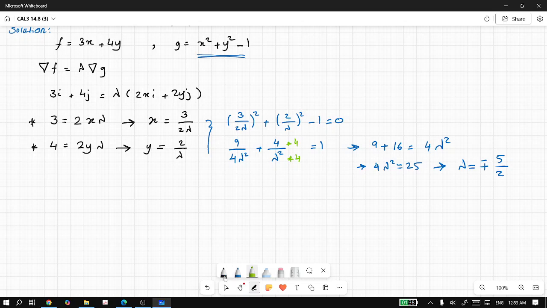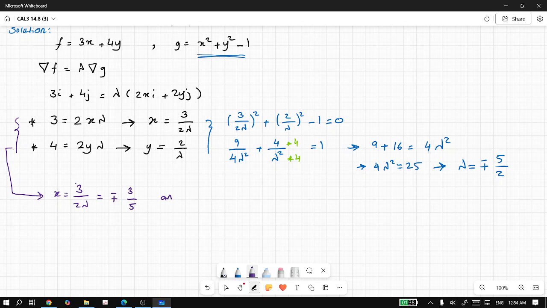Now we got the value of lambda. After getting the value of lambda, since we have the values of x and y depending on lambda, we can find the values of x and y. We get the value of x, that's equal to 3 over 2 lambda, and if we substitute lambda into this equation, we get plus or minus 3 over 5.